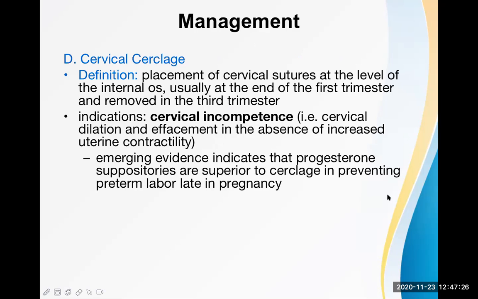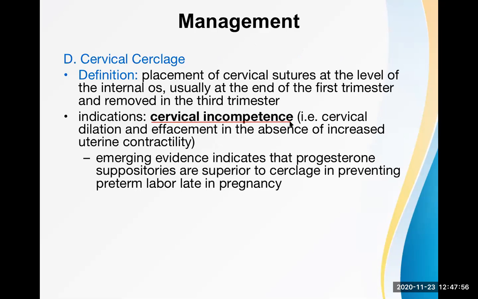Now, another type of management we can do is the cervical cerclage. Cervical cerclage is done in case of cervical incompetence. Remember, cervical incompetence is one of the important causes of premature labor. Cervical incompetence means the cervix is not contractile enough. It is not tight enough.